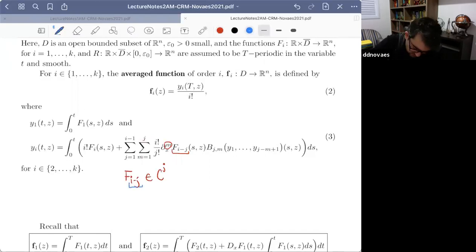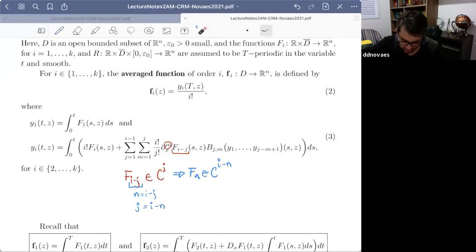So f_{i-j} belongs to this class of differentiability. Then if I change this index, n equal to i minus j, then we see that j is equal to i minus n. So f_n here needs to be in the class C^{i-n}. For each n, f_n should be C^{i-n}.